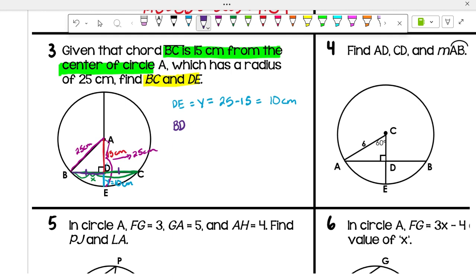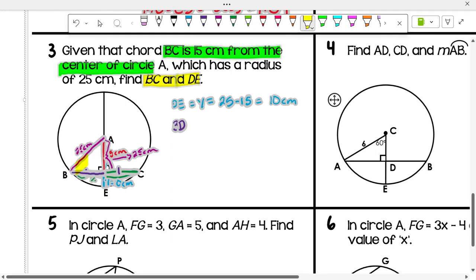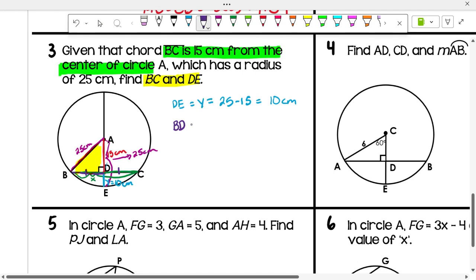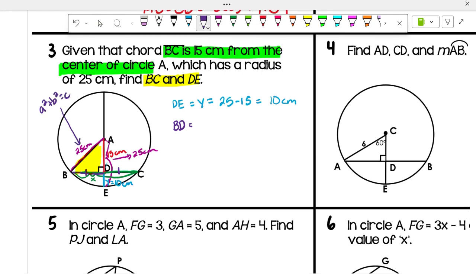Pythagorean theorem. Good. This right here is a right triangle. I got two sides of it, so I can do Pythagorean theorem. So a squared plus b squared is equal to c squared. So I got x, well, not x squared. Let's do BD squared plus 15 squared is equal to 25 squared.